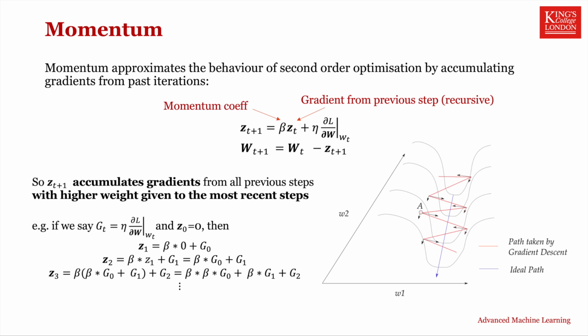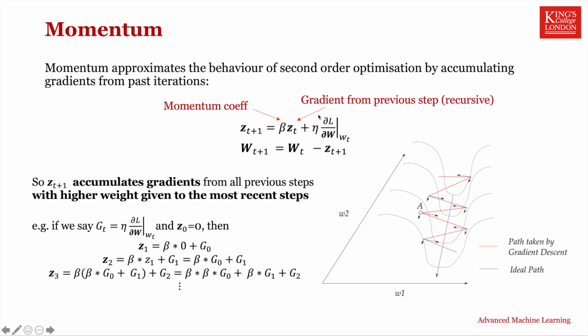Momentum-based approaches therefore approximate the behaviour of second-order optimization through accumulating gradients from previous iterations, such that the gradient update for time t plus 1 combines the update from step t with the gradient estimated for this location in the parameter space, where here beta is the parameter weighting the contribution from the previous update, and eta is the learning rate, as before, in this case weighting the contribution from this gradient step.